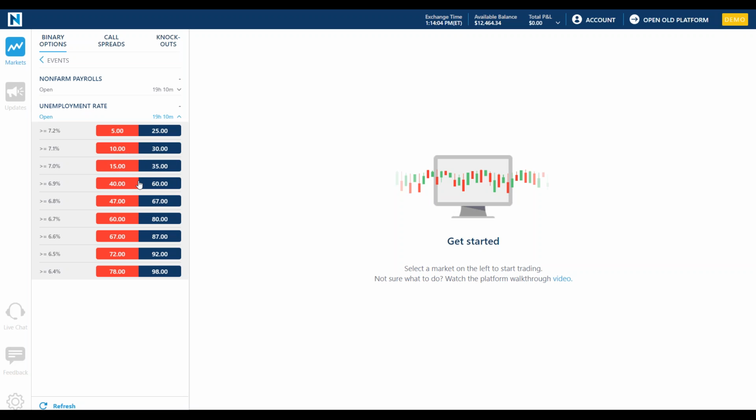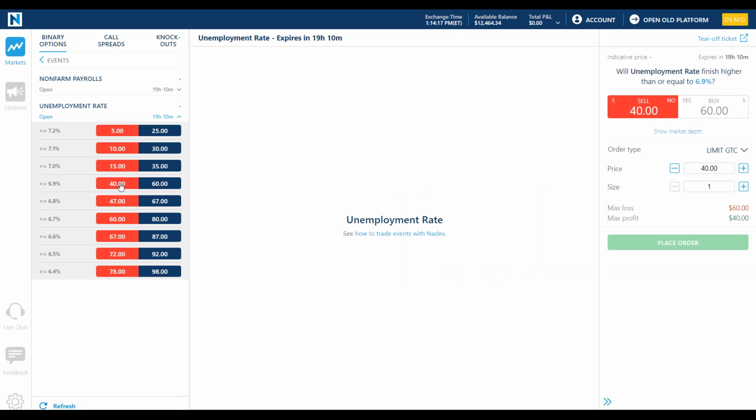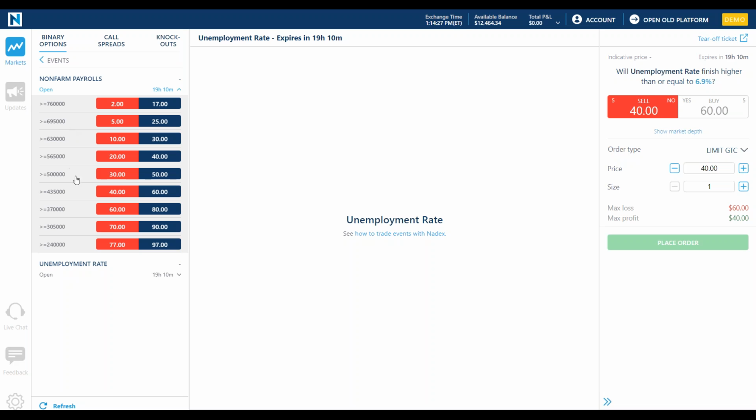If you think the unemployment rate has dropped, you can say, no, I don't think it's going to be above 6.9%. In fact, I don't think it's going to be above 6.8%. You can choose to sell. Notice that whenever you do that, your maximum profit and maximum loss are shown over here. But we've got event contracts, and tomorrow there's even the non-farm payrolls. Are we adding people to the payroll?